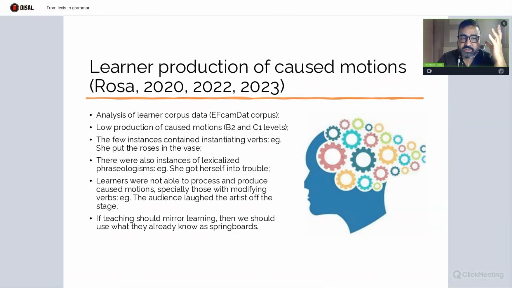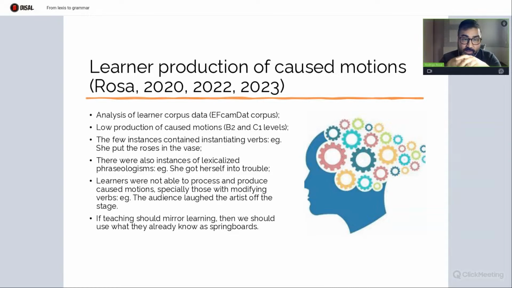This would be evidence of the knowledge they would have for the verbs. And a lot of the few occurrences in the corpus were also instances of lexicalized phraseologisms. So there were lots of chunks of language, things such as breathe new life into, this project is going to breathe new life into her. Okay, this is already a dictionarized caused motion construction.